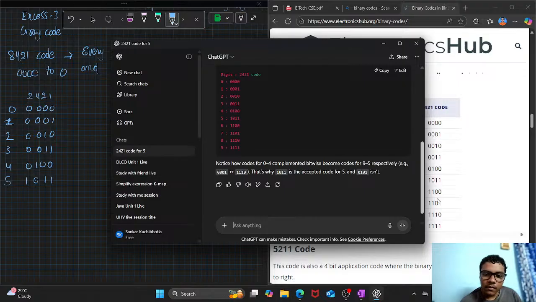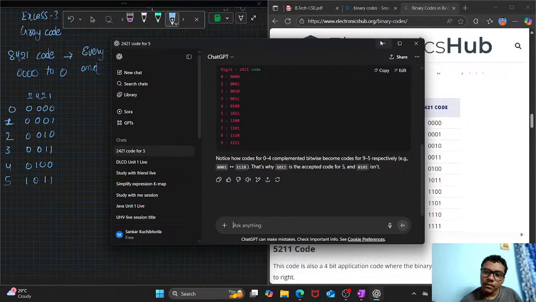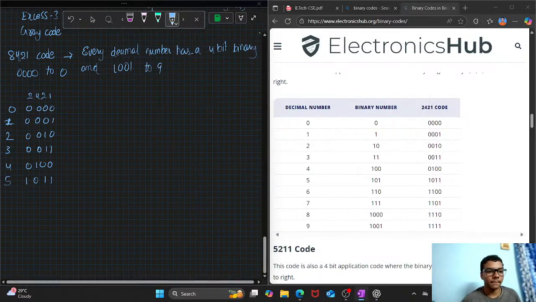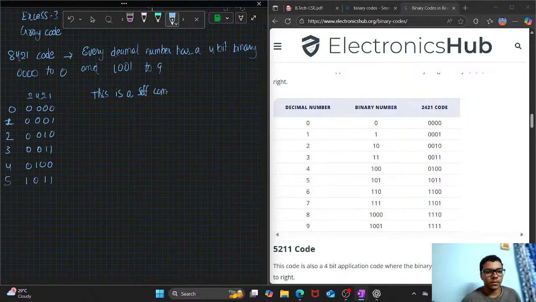The 0 to 4 becomes bit quarters. This is a self-complementing code.